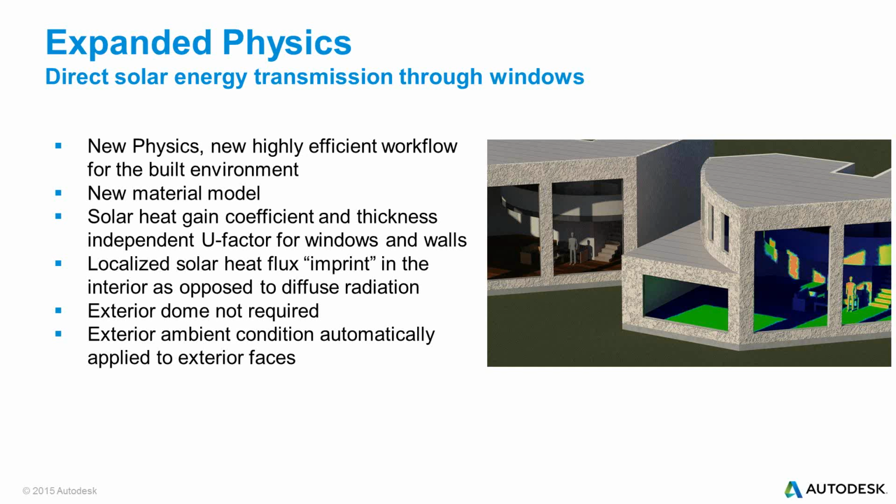What I mean by that is solar energy transmission came through windows, but you didn't see the imprint on the floor, you didn't see the localized effect. It was diffuse into the building. And so we went through the task of correcting that or filling that gap. And more importantly, as we did that, making a highly efficient workflow for doing these solar energy studies with thermal comfort or just pure energy usage.